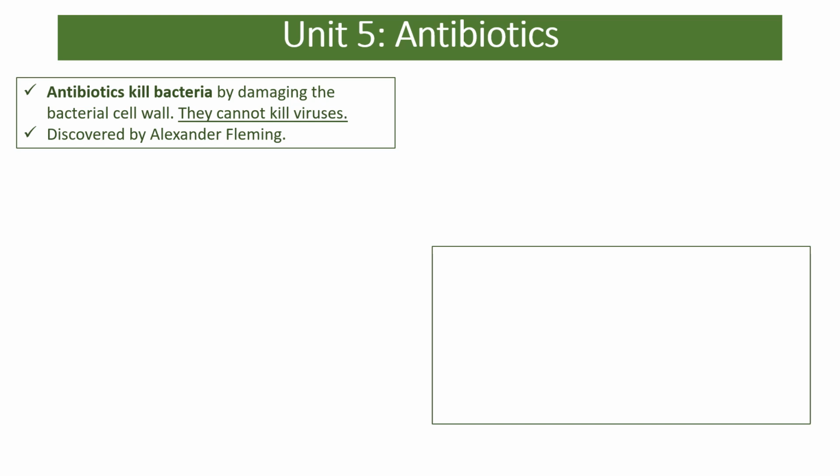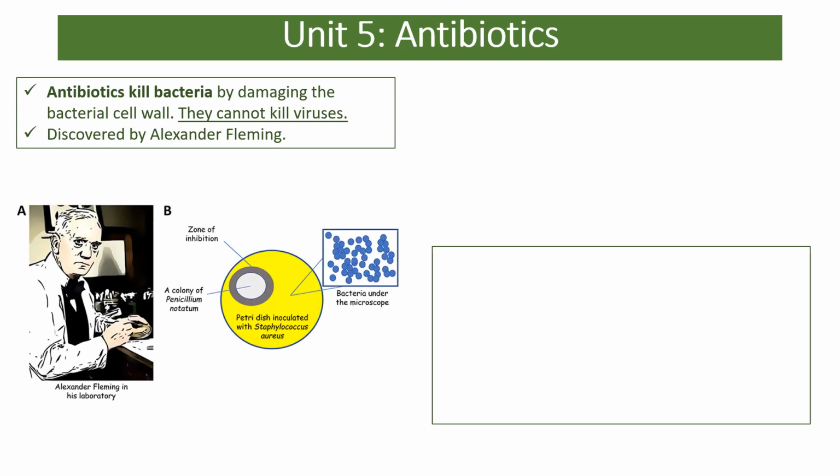They were discovered in the 1920s by Alexander Fleming and were later developed by the Pfizer organisation, and obviously have had a massive impact. What Fleming discovered was that if you have some antibiotic, and the one he discovered was penicillin, the white bit there, you will get around the penicillin a zone of inhibition.